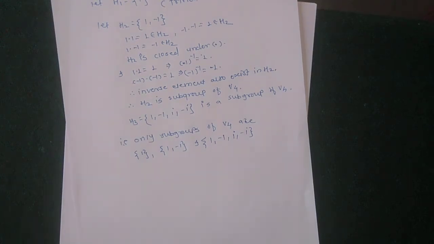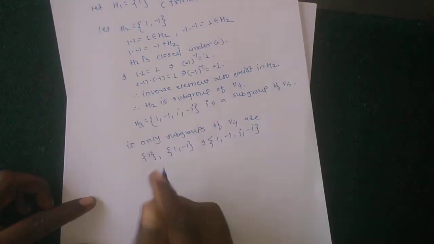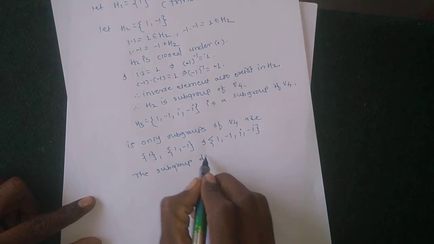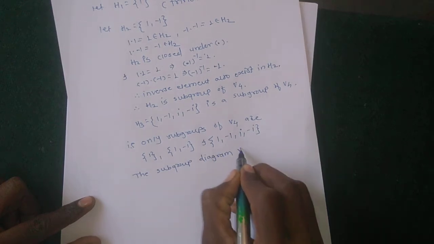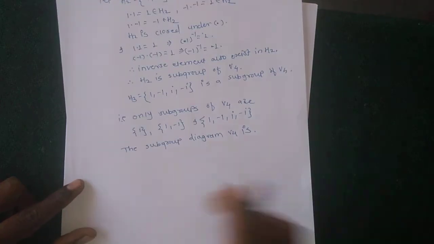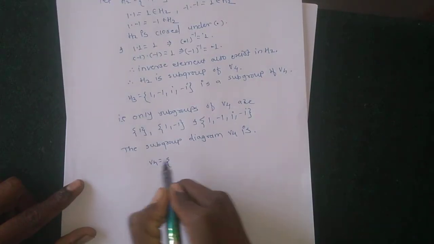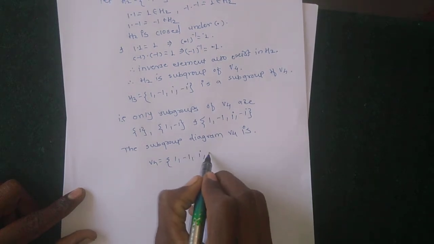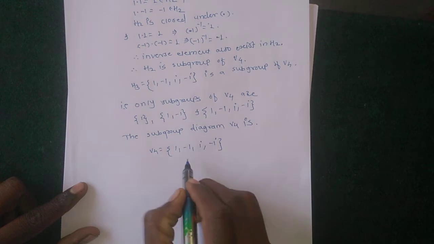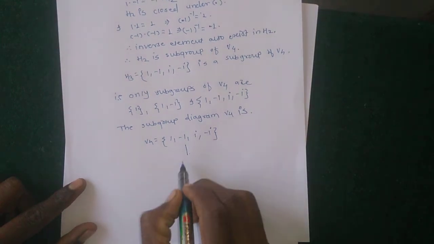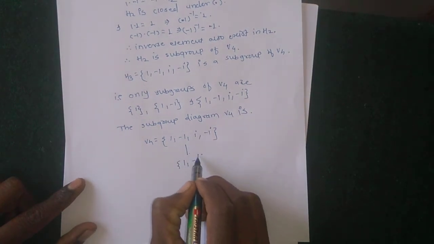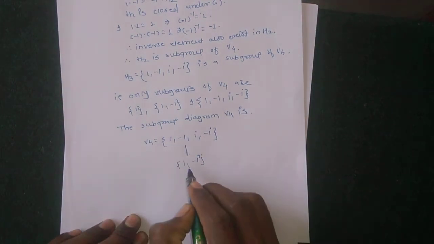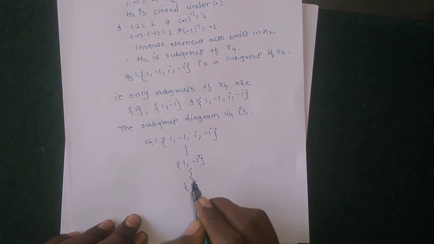Now to find the subgroup diagram of V4. The subgroup diagram of V4: firstly V4 as it is, then its subsets. 1, minus 1, I and minus I; then its subset 1 and minus 1, which is a subgroup of this set; again its subset is the singleton identity.